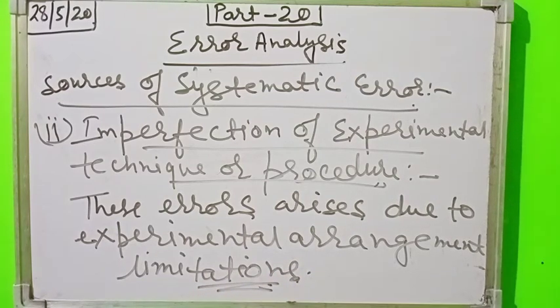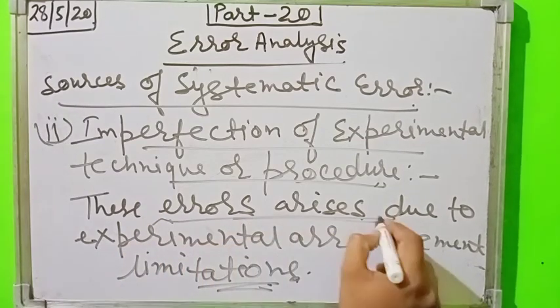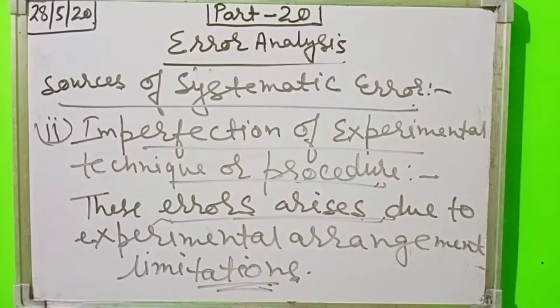If there is a certain limitation in the experimental arrangement, then there is a chance of such type of error, that is, imperfection of experimental technique.